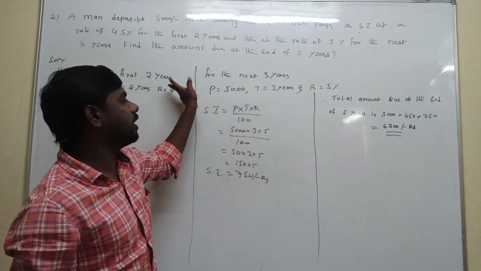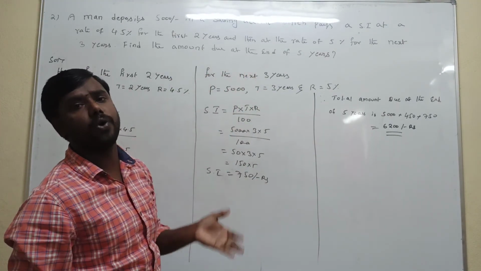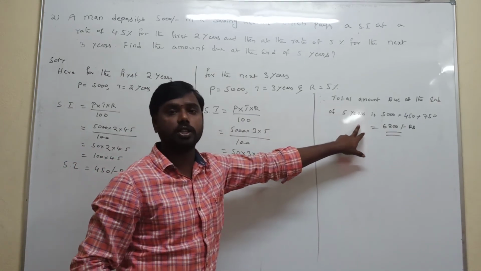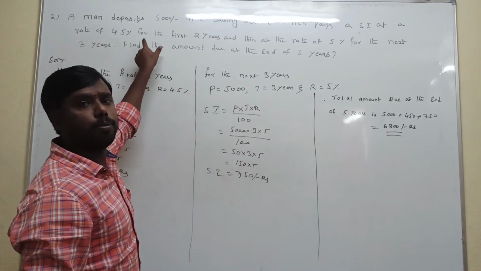So both we add, the years 2 years plus 3 years is 5 years. So total 5 years simple interest plus deposited amount.